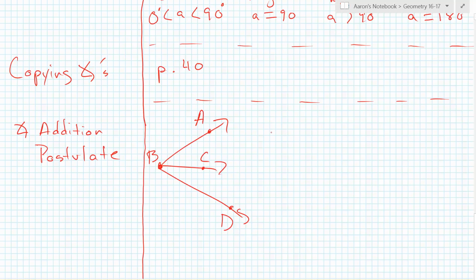The angle addition postulate says that angle ABC plus angle CBD equals angle ABD. Now, at the outset, this looks really straightforward, and I will tell you that it really is that straightforward. There are no tricks to this. This angle plus this angle equals the big angle, just like the line segment addition postulate.